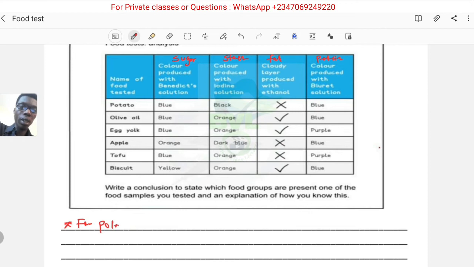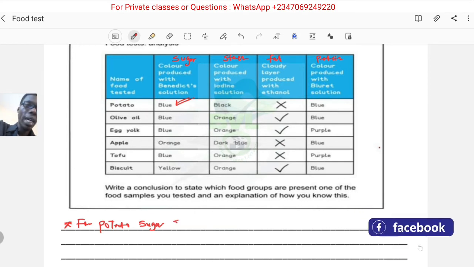For the fact that the color of Benedict still remains the same after it has been added, that means sugar is absent.